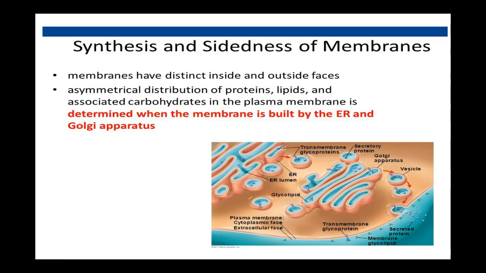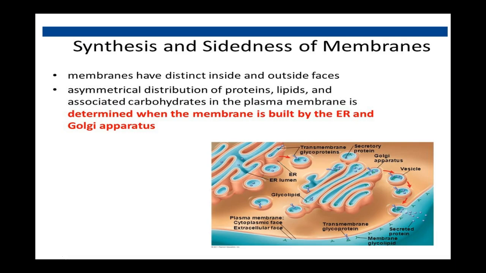Now, we talked a little bit about how a protein is made, directed by the nucleus, moves out of the nuclear envelope to the endoplasmic reticulum to the Golgi apparatus.